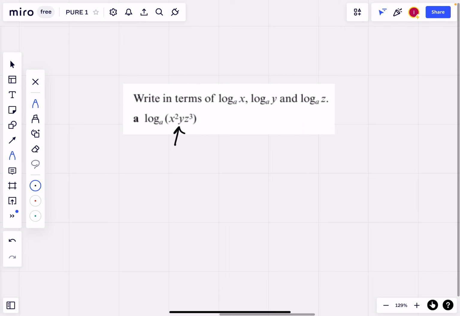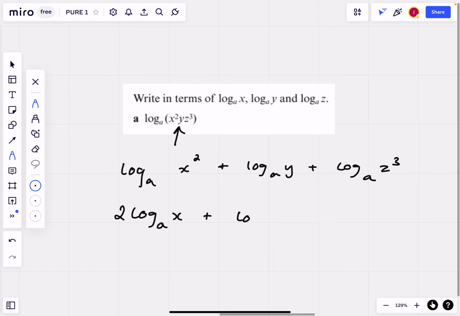If I use the multiplication rule, I get this. And then using the power rule, you get this. There you go. That would be your answer.